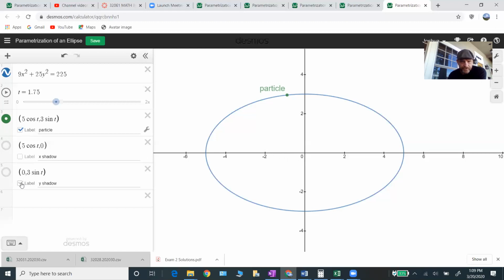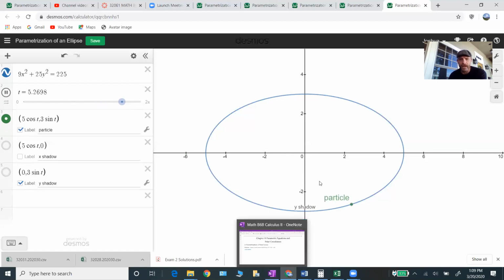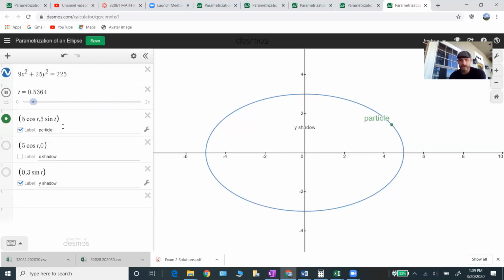Similarly, consider its motion just along the y-axis. So if you imagine a shadow being cast along the y-axis, what would that shadow look like? Okay, and there it is. So together, we have these two coordinates.